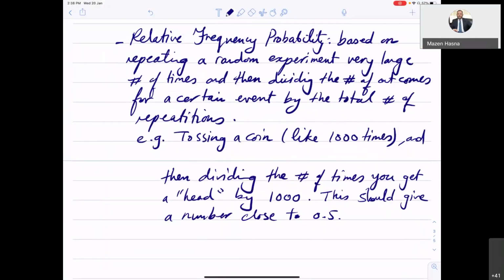Otherwise, it will not be a fair repetition of the experiment. But the definition says that an event is repeated in the same exact way. Yes, in the same exact way, and it gives different outcomes, but that is not necessarily true. Do you see where I'm going? If you do it the same exact way, it doesn't stay random anymore. It has to be done in a different way every time.